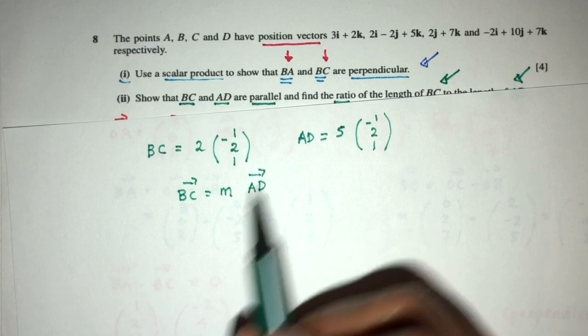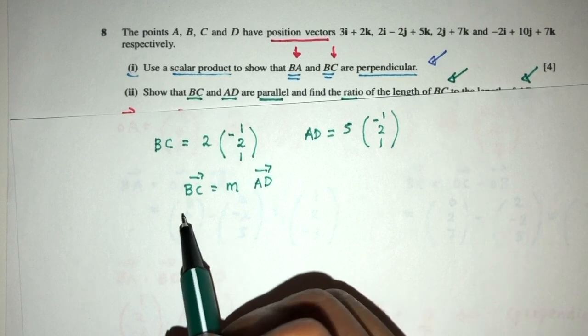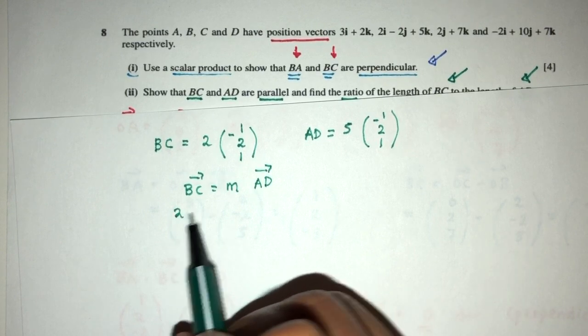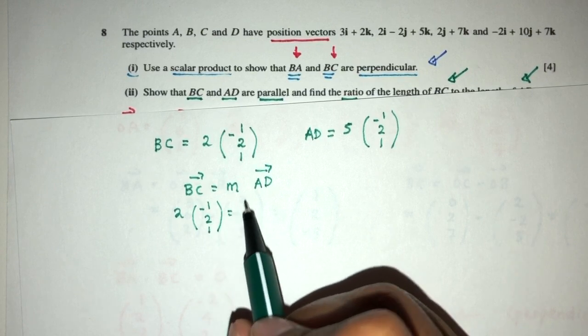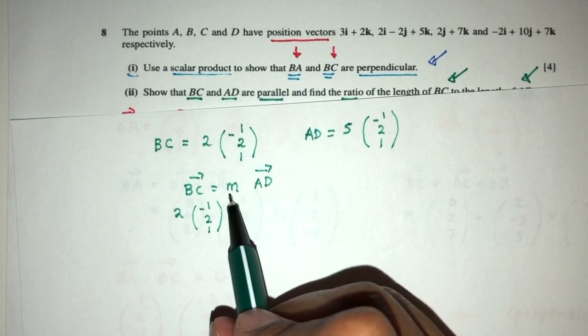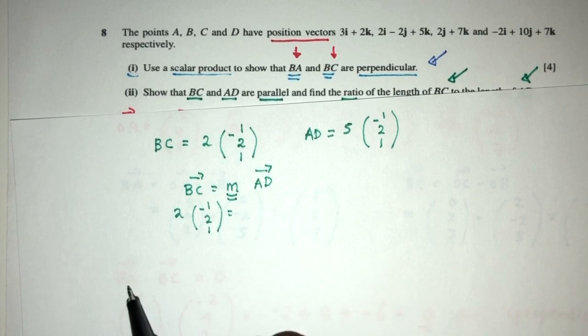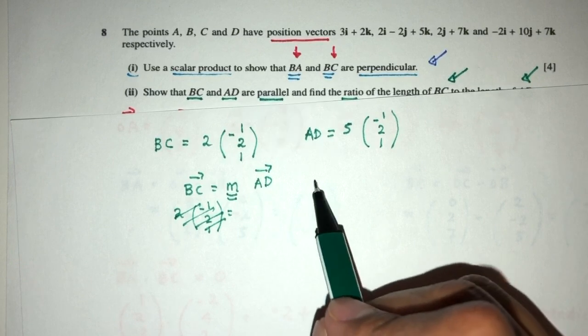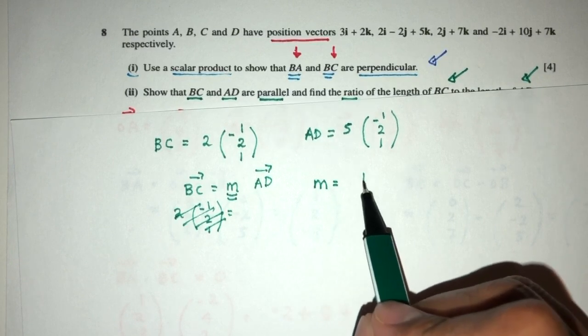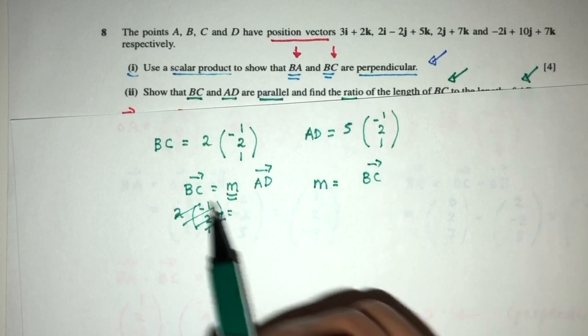We don't know the value of m, so how do we find it? Easily. m will be simply BC divided by AD.